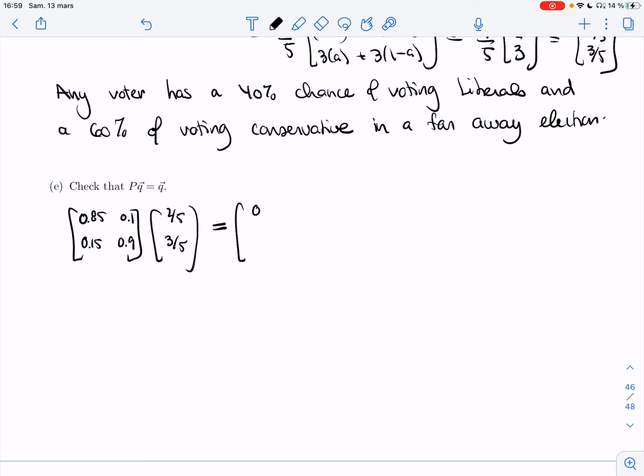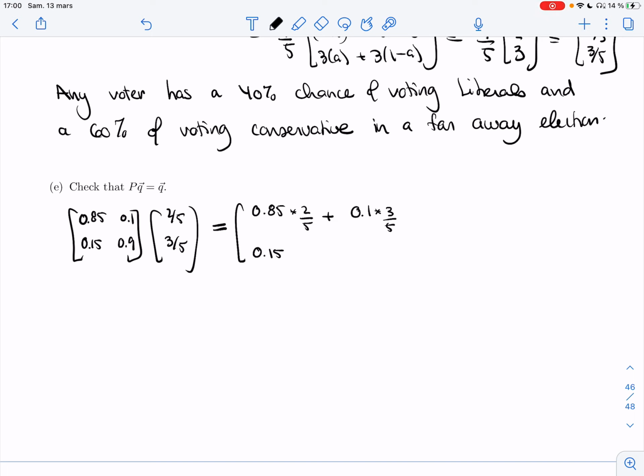So I get 0.85 times 2/5 plus 0.1 times 3/5, then 0.15 times 2/5 plus 0.9 times 3/5. All right, so what do I get? 0.85 times 2 divided by 5 plus 0.1 times 3 divided by 5, and I get 0.4, and so the other one will be 0.6. That is (2/5, 3/5).